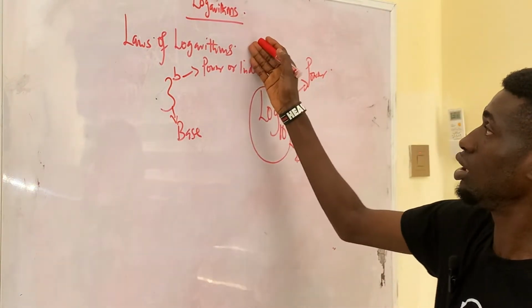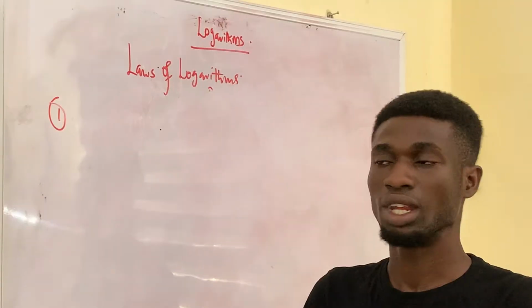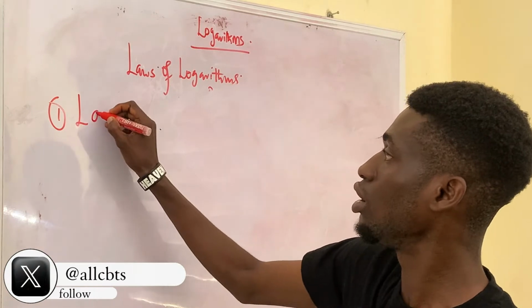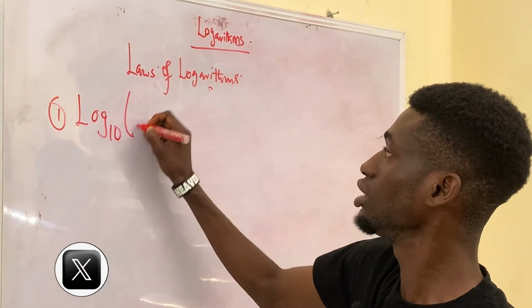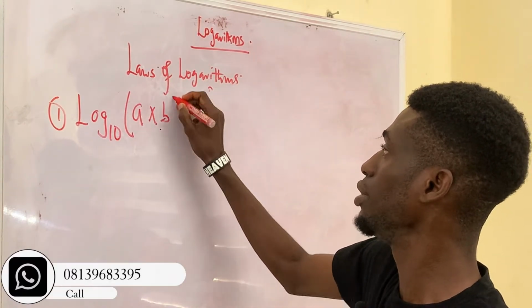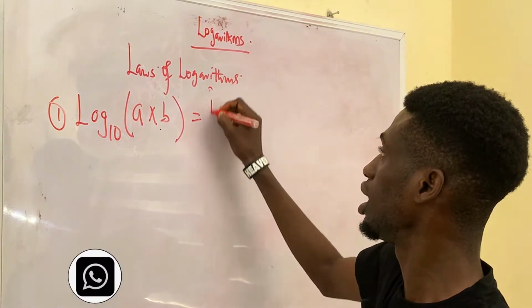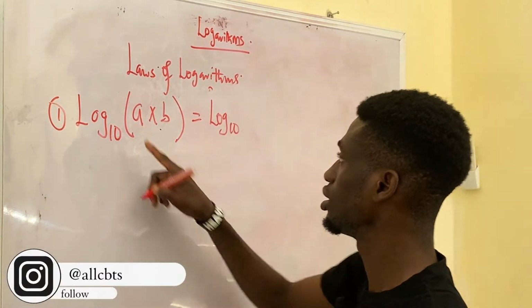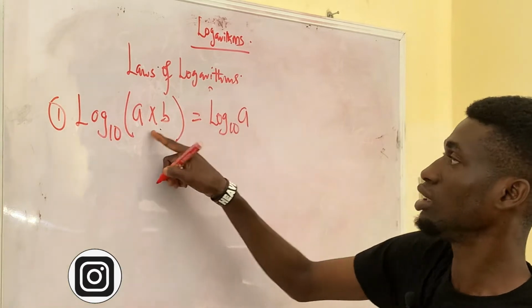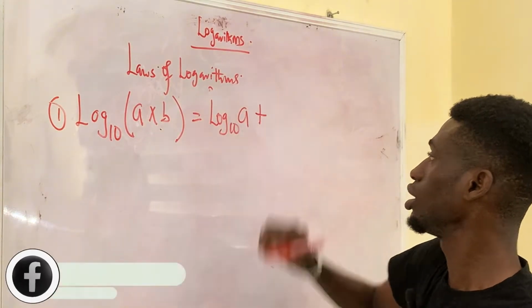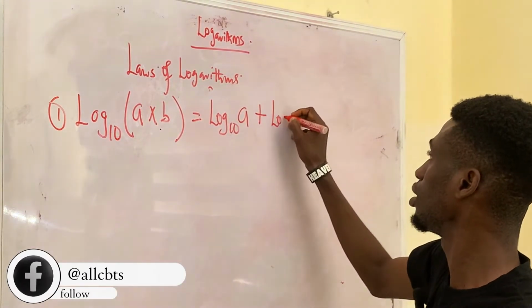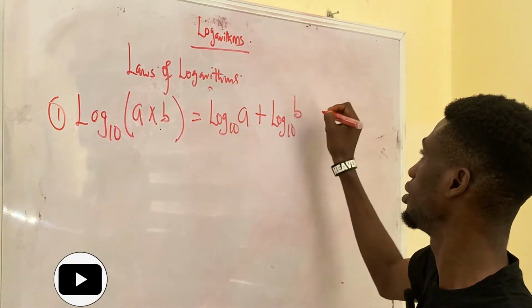So, we go to the laws of logarithm. Now, law 1 says if you have log 10 of a multiplied by b, it will be written as log 10 a, the multiplication will change to addition, then you have log 10 b.